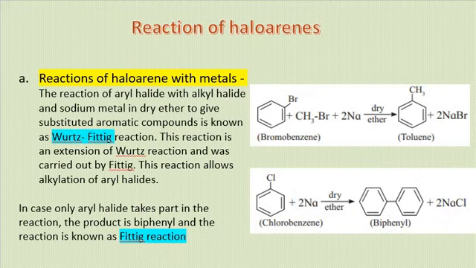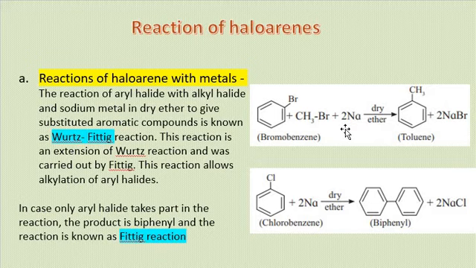Now the reaction of haloarenes. Reaction of haloarenes with metal. Let's suppose bromobenzene is reacting with sodium metal, and along with bromobenzene we are also taking one alkyl halide like methyl bromide. When these two halogen derivatives react with sodium metal in dry ether, this reaction is called Wurtz-Fittig reaction.